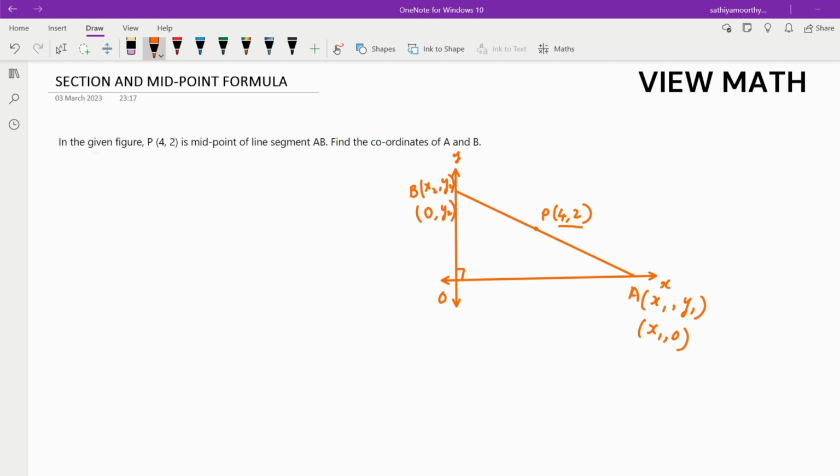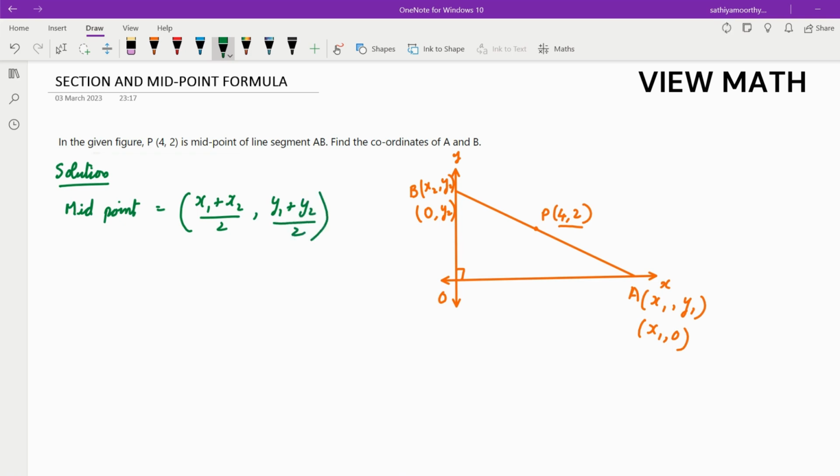Now P is a midpoint, so I'm going to use the midpoint formula to find out the A coordinate and the B coordinate. Let me write the midpoint formula: ((x1 plus x2) by 2, (y1 plus y2) by 2).